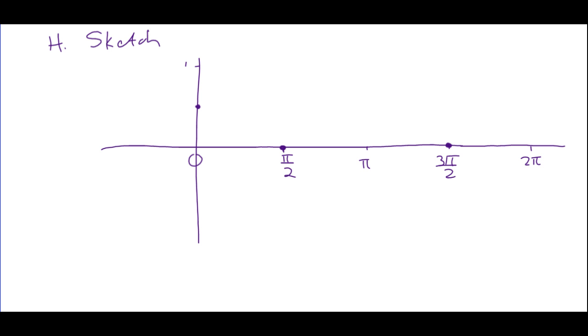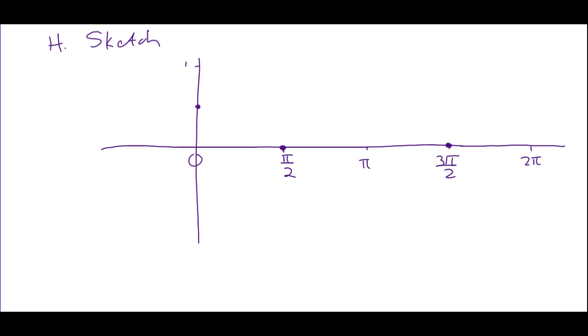Increase and decrease is kind of obvious once you've got the max and the min, so let's put the max and the min in there. So the min is at 7 pi over 6, which is a little bit over pi, and negative root 3 over 3.